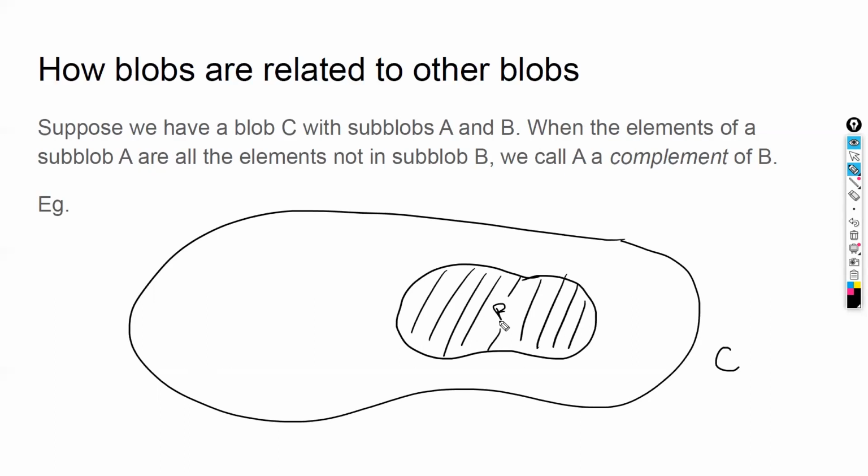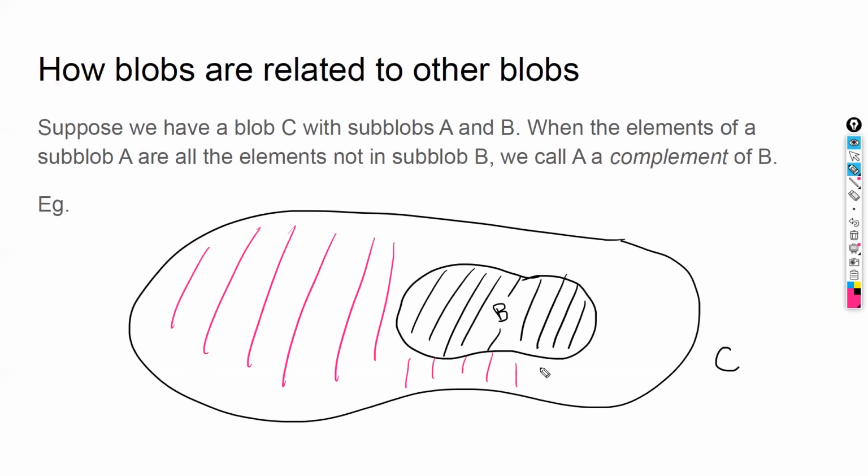This is B. Then A is going to be anything not contained in B. So A is going to be all of C except for B. Let's say this is A. And in this case, A is the complement of B. And likewise, B is the complement of A.